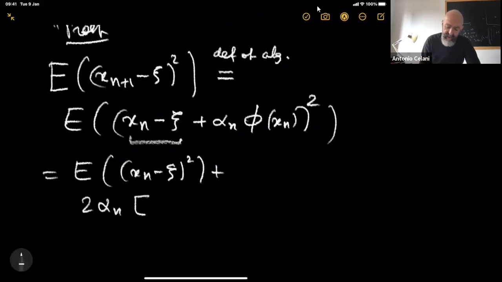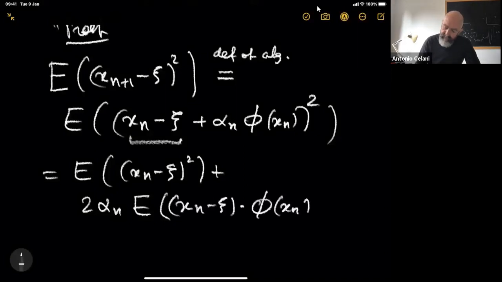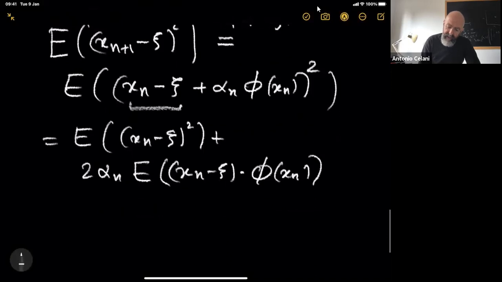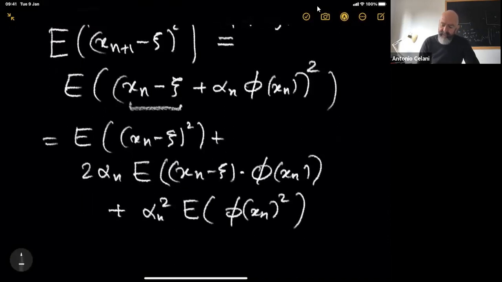There's nothing random there. Expectation of what? Of the product of these two, xn minus psi times phi of xn. And then I have the last term, which is alpha n squared and the expectation of phi of xn squared. Okay, so far so good.